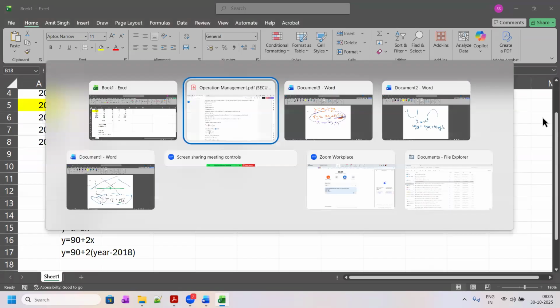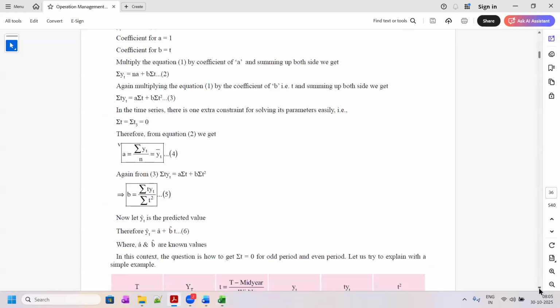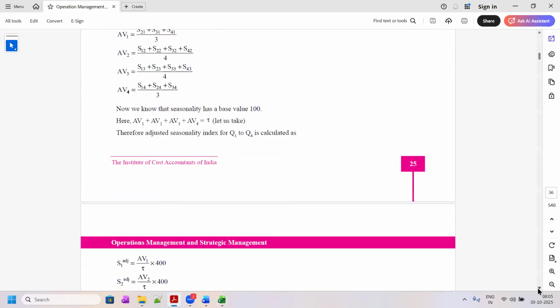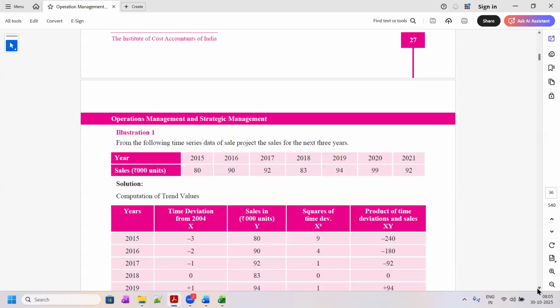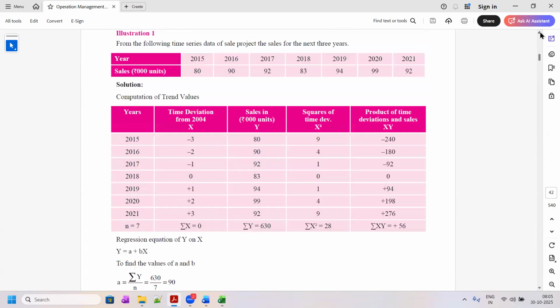Then what they ask you here: okay, find the sales of next 3 years.